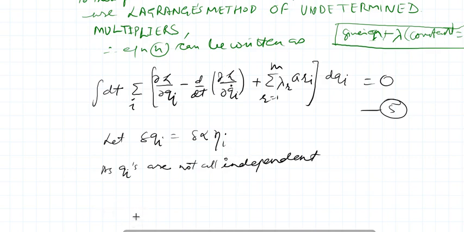And therefore, because q_i is directly related to eta_i, that means eta_i are not all independent.